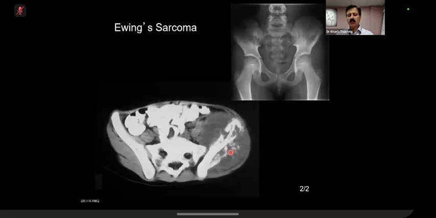So the literature tells you that at times in Ewing's, the periosteal reaction is so exuberant that you can confuse it, and it will give you a bit of sclerosis like this. Having said that, it's fine. In the exam, it's fine. You have done your duty once you pick it up and ask for an MR, not a CT. But even on this CT, you can see this soft tissue, how thick it is.